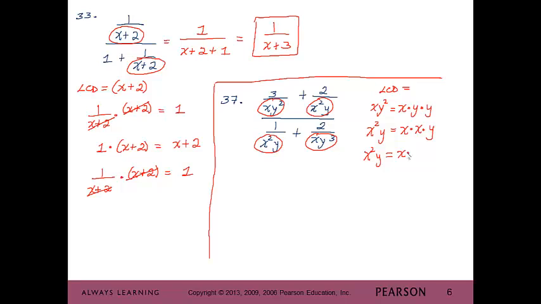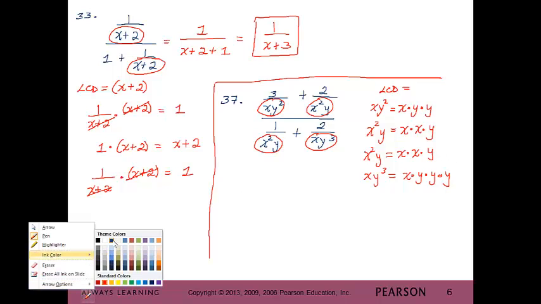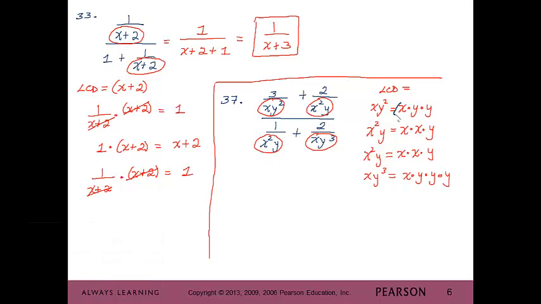And we have x times x times y, and then xy to the third power, which is x times y times y times y. So now we can start to write our LCD by writing the factors of the first denominator, which is x times y times y.